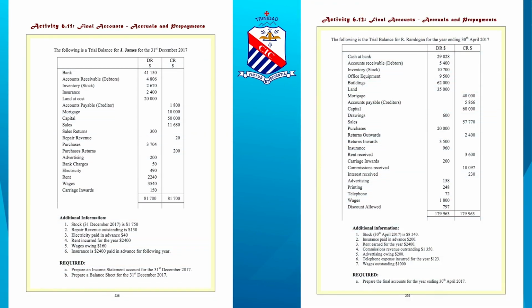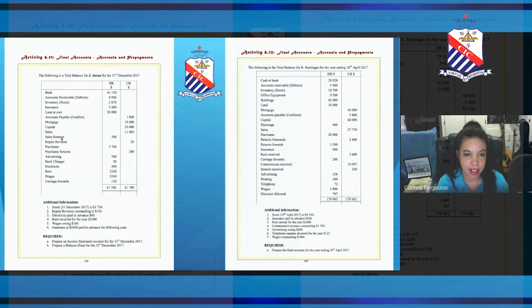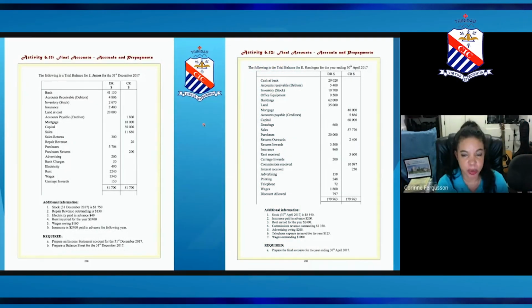And these are your activities that you have to do in terms of both the income statement and the balance sheet. And as you can see, it is not just expenses and revenue, because you're not doing an extract, you're doing the complete thing. So we have the formats in your workbook, plus I just showed you the formats there in the video. And just remember to go through the different processes. You always start with your income statement first.